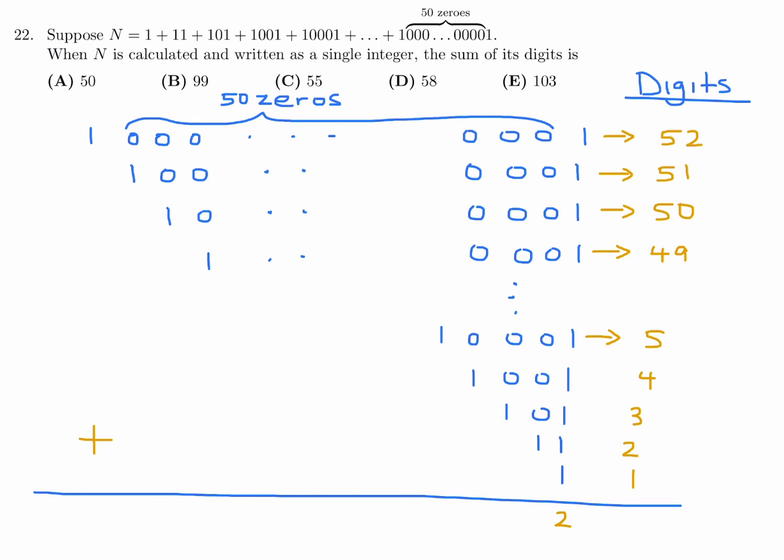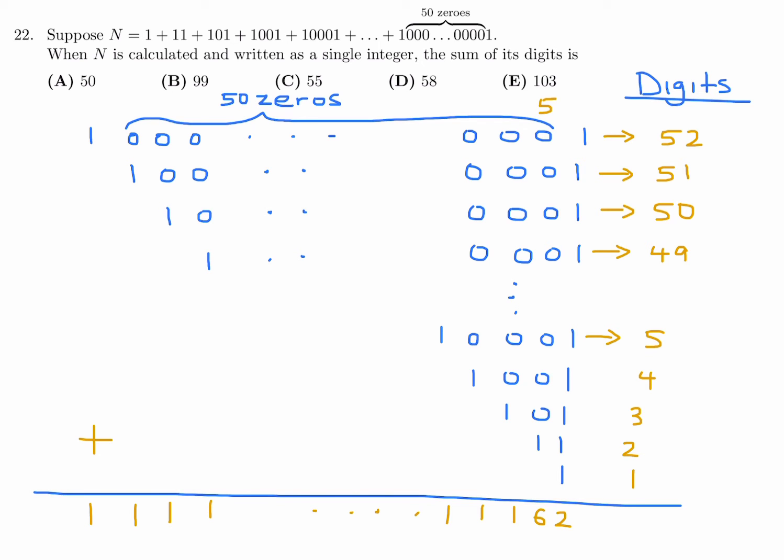So the 2 goes here, carry the 5. Okay. Then now I have to add this column. Well, there's only a 5 and a 1, so that's a 6. Then I have to add this column. There's only 1, so that's going to be a 1. Add this column, again, only 1, 1. And it just keeps on going like that. Every column will be a whole bunch of zeros and then just 1, 1, 1, 1, 1, like that.